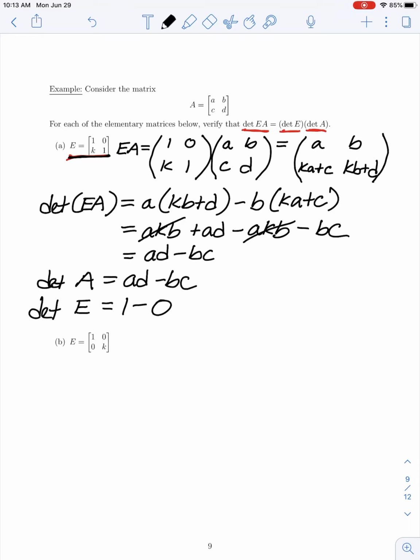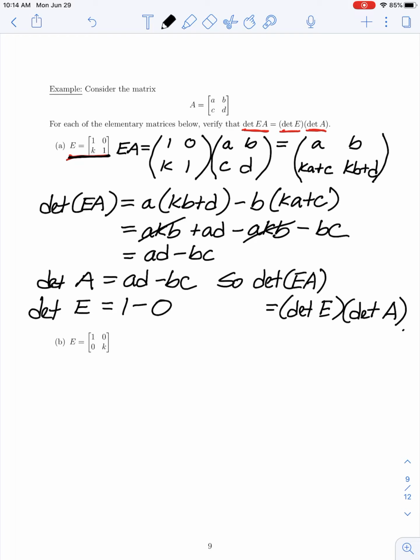So we see here that the determinant of the product, E times A, is equal to the product of the determinant of E and the determinant of A. And then the question becomes, well, is the determinant of a product always equal to the product of the determinants? That's a property that we'll look at in our next section.